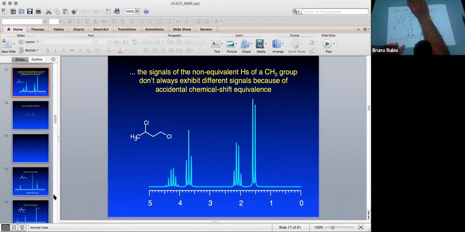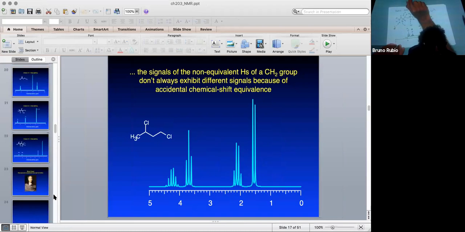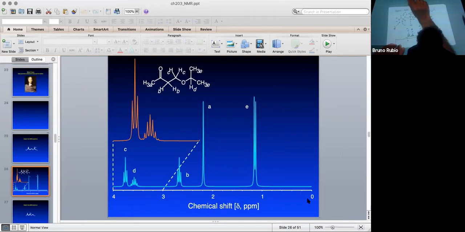Where is it? Yeah, there it is. Oh, we did damn good. Triplet, septet, triplet, singlet, and doublet.